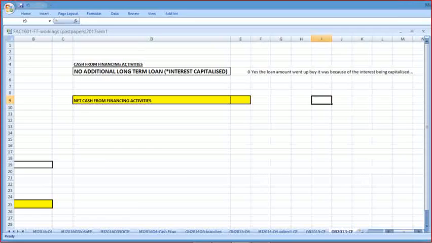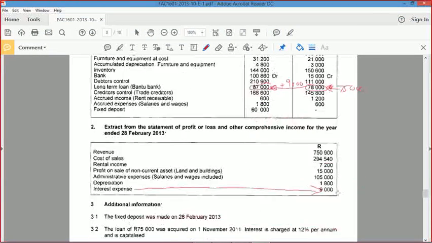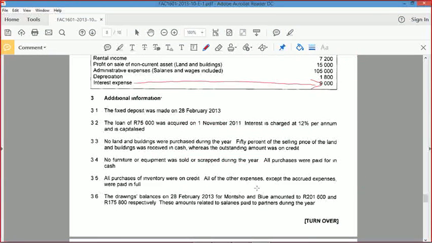No furniture or equipment was sold or scrapped during the year. All purchases were paid for in cash. Isn't that just extra information because it's PPE?